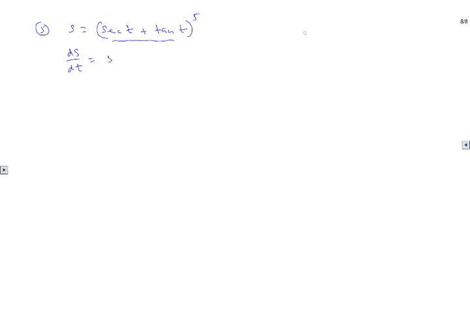Then your derivative will be 5 times the inside, we don't change it, just leave it like that, to the 4th power. Then we multiply by the derivative of the inside function, so secant t plus tan t.